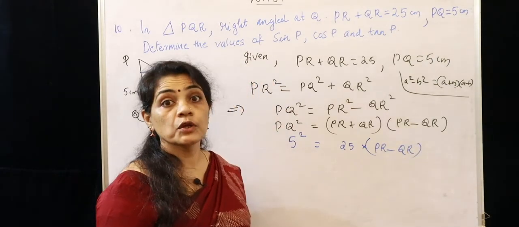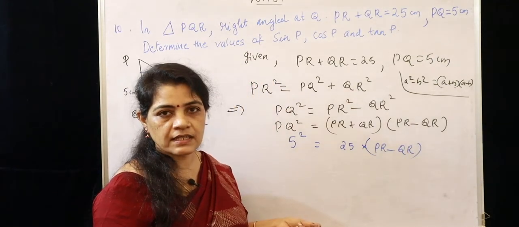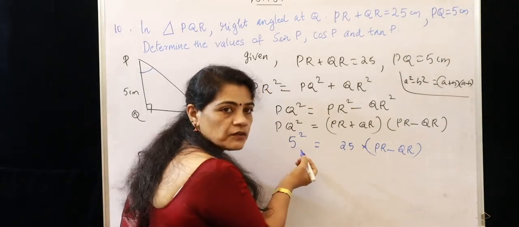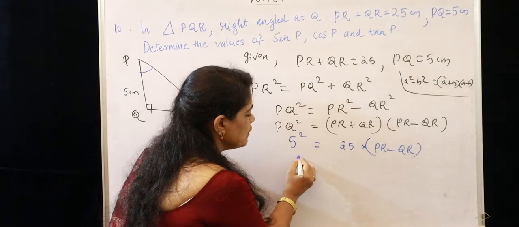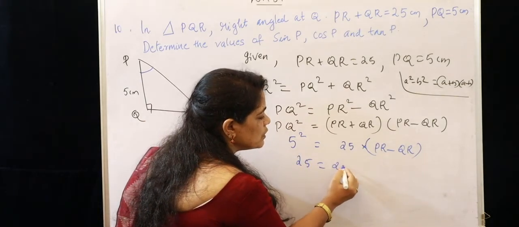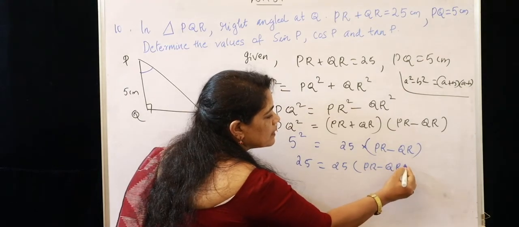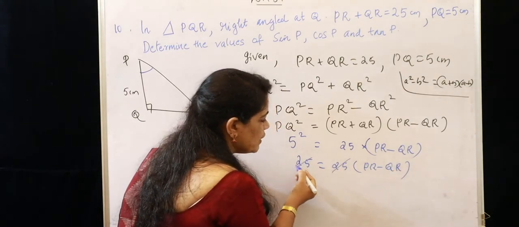Is this step clear, children? Since they are connected by multiplication, 5 square is 25, so 25 is equal to 25 into PR minus QR. That means you can cancel 25 and 25.